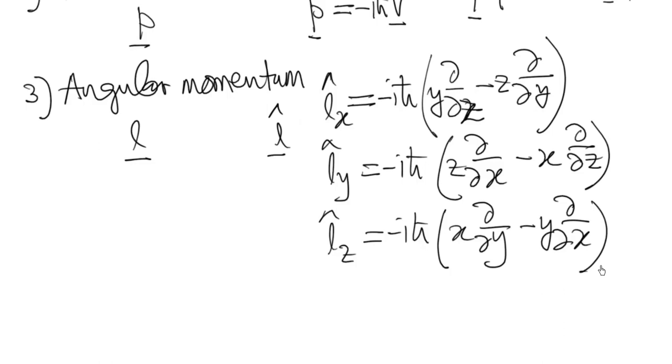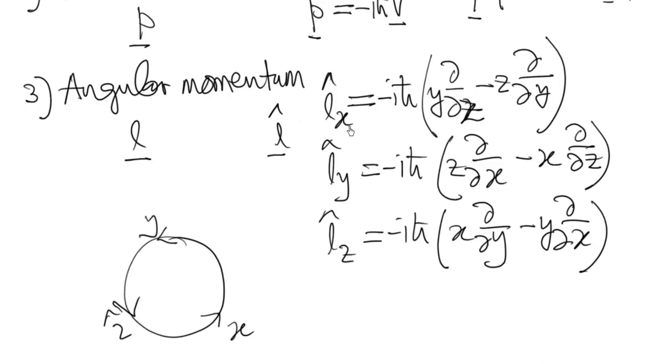There is a way you can remember this. When you consider the x component, you see minus i h bar will be the multiplication factor, and if you consider cyclic order, it is x, this is y, and this is z in the anti-clockwise direction.